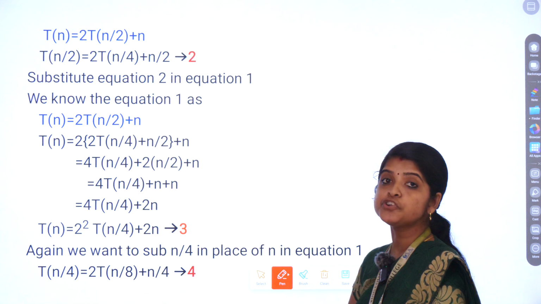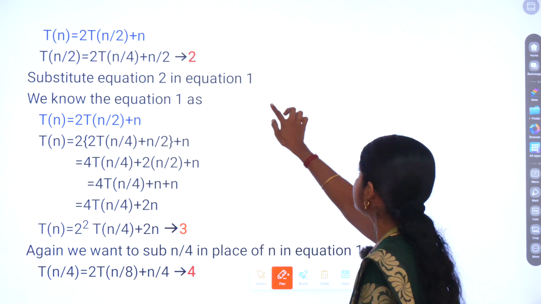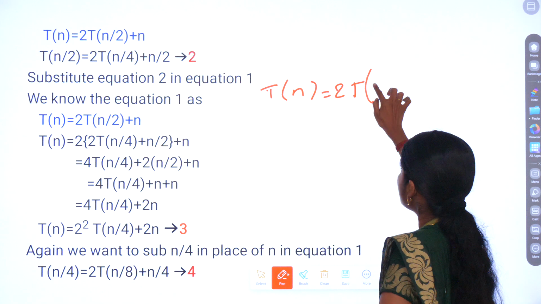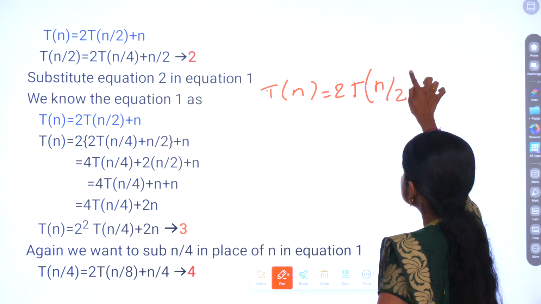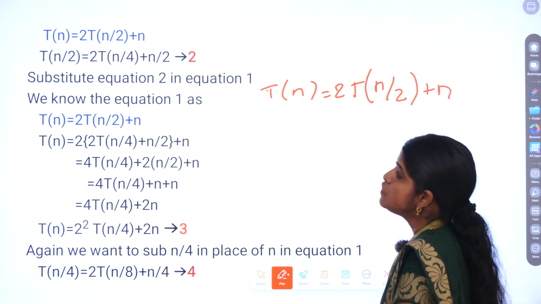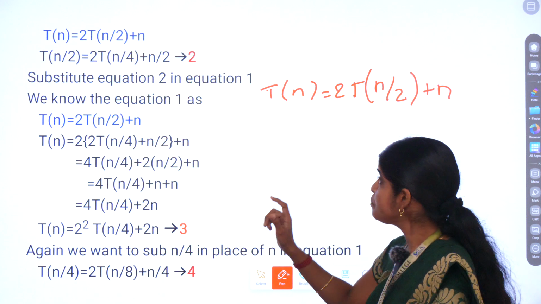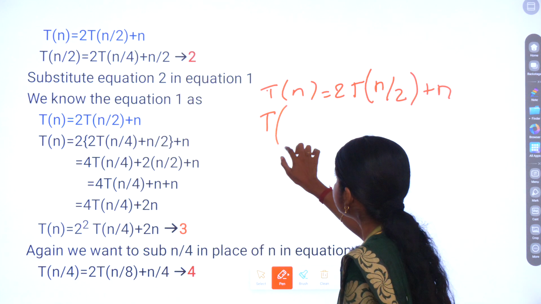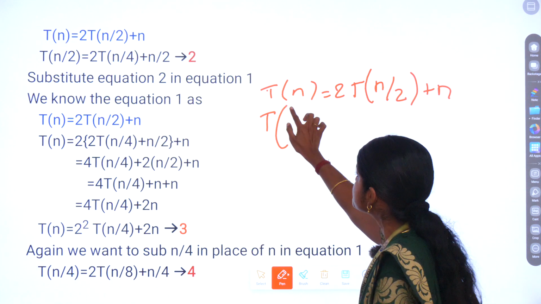We want to substitute n by 2 in place of n. So here is the n, we want to place n by 2.